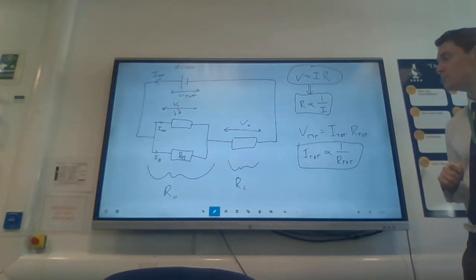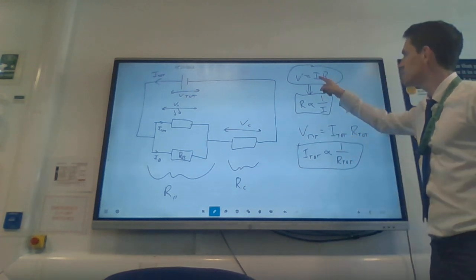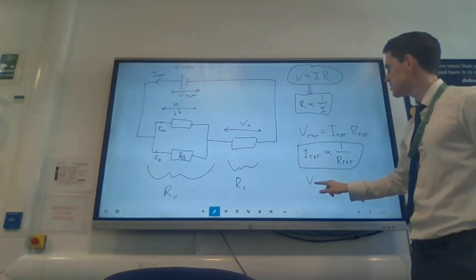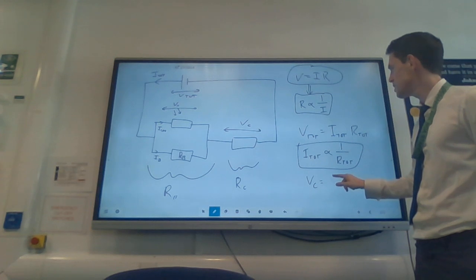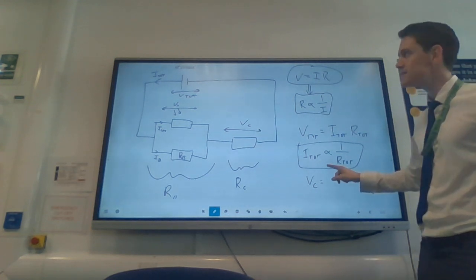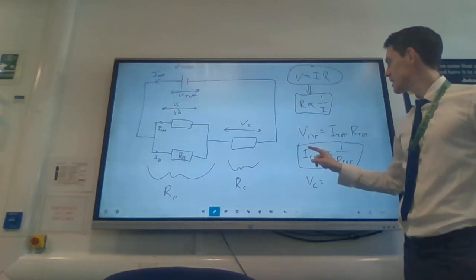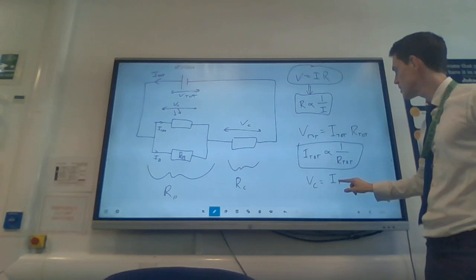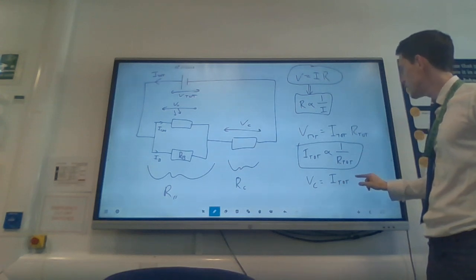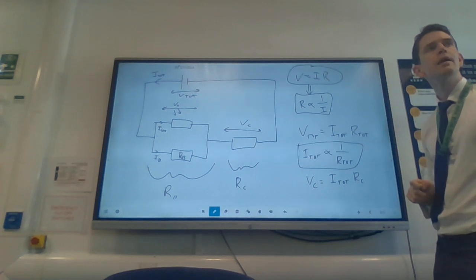Let's pick one of the other components. Let's say RC. Let's write V equals IR for RC. So VC equals, in this case, IC is I tot, times RC. Yeah, okay.